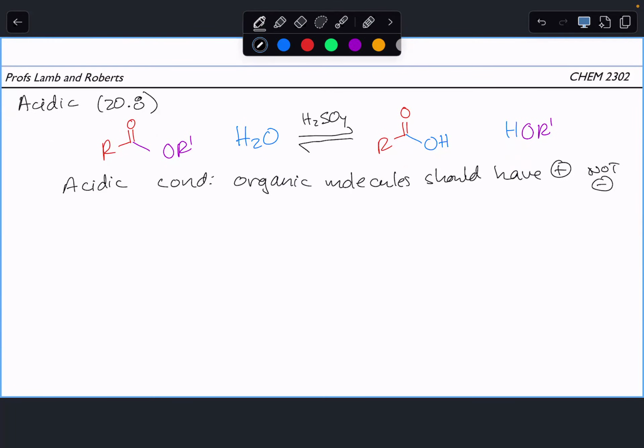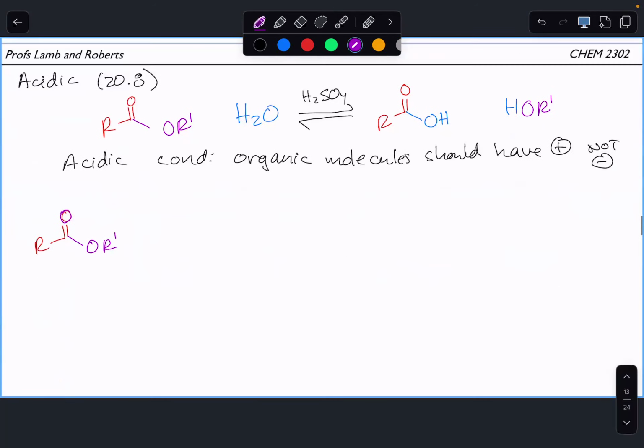Okay, so let's start with our ester. Again, we're in strongly acidic conditions. We can't just attack the carbonyl. We can't just do our addition, or we'd make a negative charge on our carbonyl oxygen. Okay, so first we have to protonate, just like we did in the anhydride case.